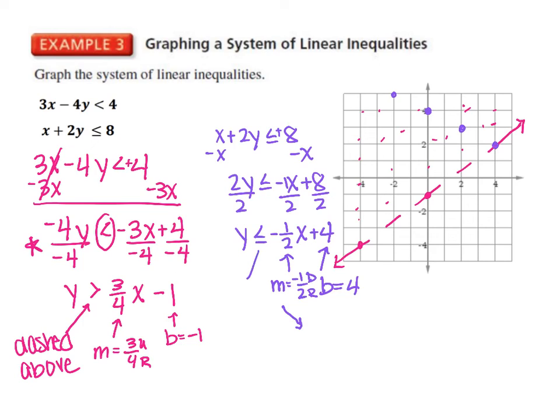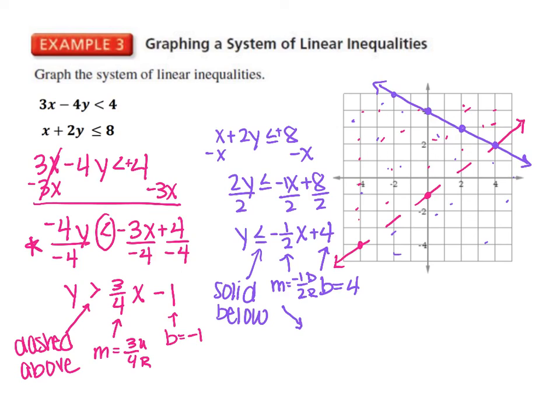Right. My symbol tells me this is a solid line because it has an or equal to, and it says y is less than, which means I shade below. So let's connect those with a solid line. And below that line is everything down here.